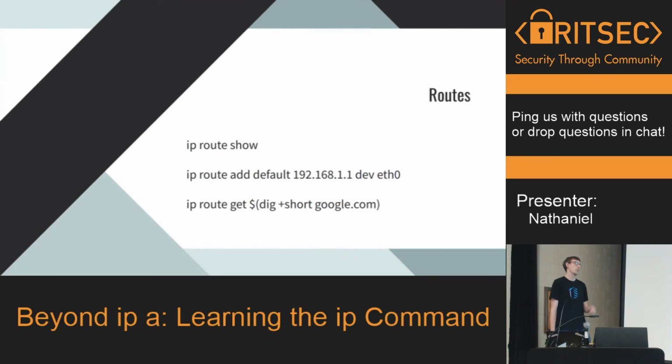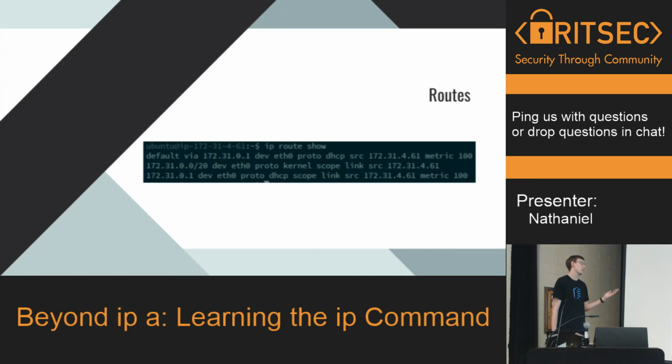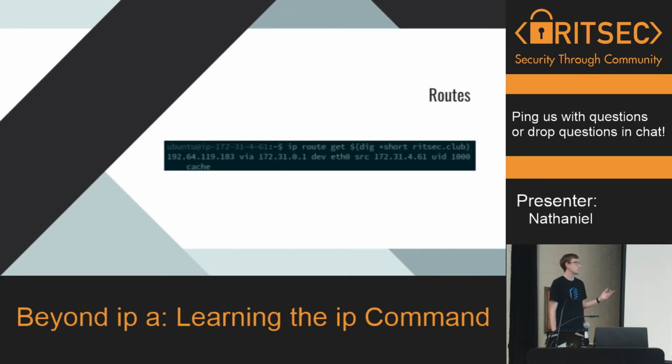So if you're testing, I want to go to this interface, or I want to go to this IP, but I'm not sure if my routes are set up correctly, you can do ip route get that IP, and it'll show you which interface it'll go out of. So here's the routing table for my EC2. If I wanted to go to ritsec.club, it would say we're going to 192.64, whatever, via this interface, which is eth0.